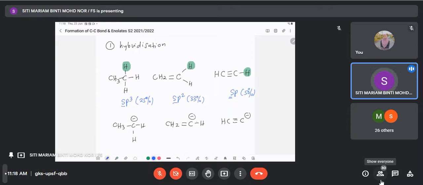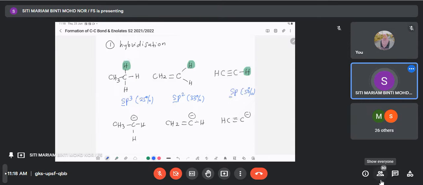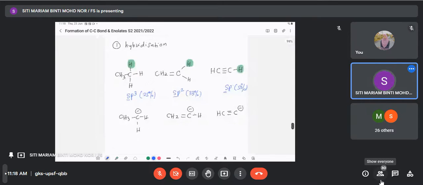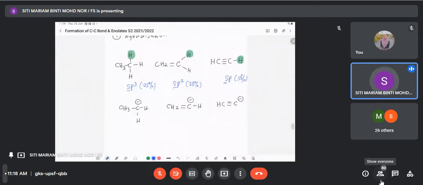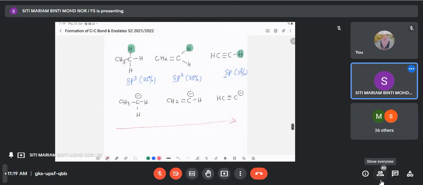Based on this, if I draw an arrow from the left to the right, from sp3 to sp2 and then to sp hybridization, the S character increases.